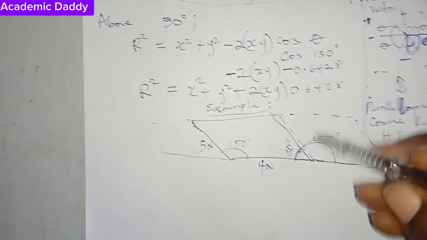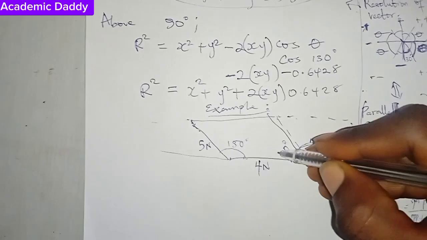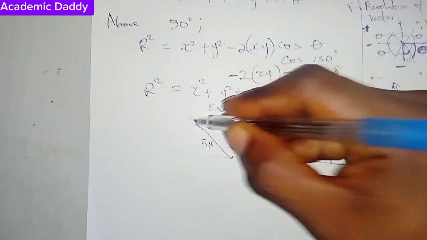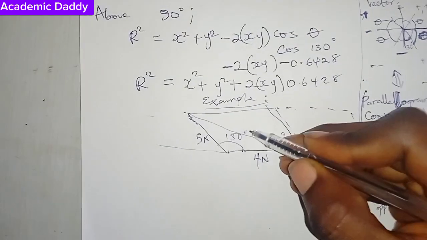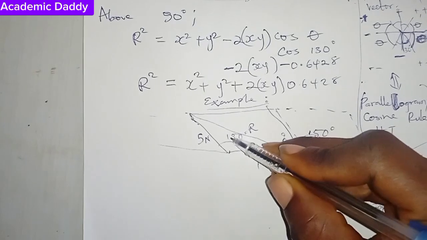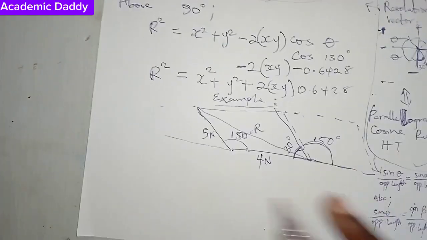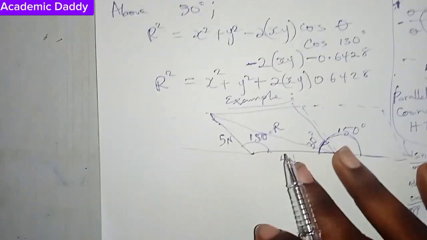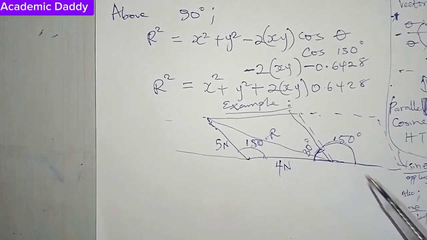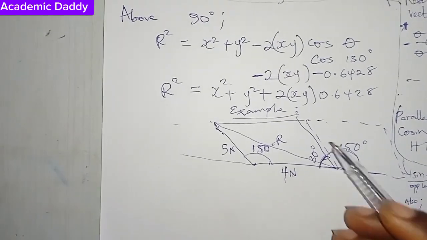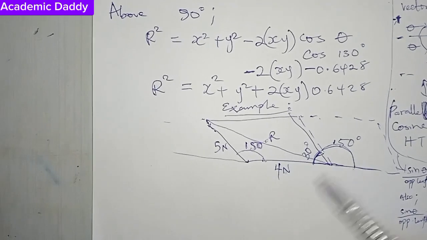Remember that the rule of parallelogram states that the diagonal is what we use to find the resultant. The diagonal is gotten by using the longest side, R, and if you are to use any angle, it must be the angle facing the resultant, which is 150 degrees. If you don't want to do this drawing, just remember that since they give me 30 degrees, is it less than 90? Yes.